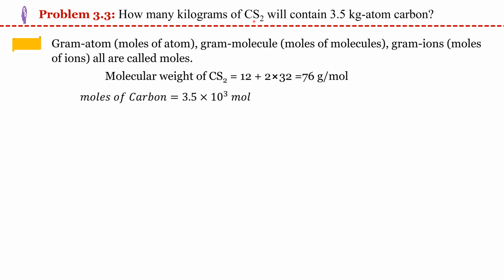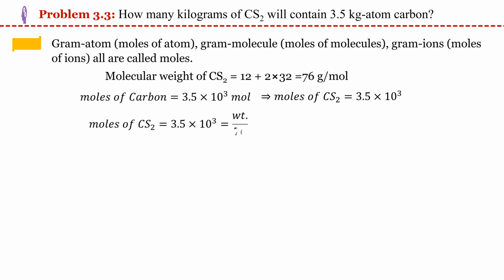Now 1 mole of CS2 will contain 1 mole of carbon, so the moles of CS2 will also be equal to 3.5 kilomoles. Now the number of moles is equal to weight divided by molecular weight, so here we have to use the molecular weight of CS2. Only then will we be able to convert the moles of CS2 to weight. So the weight will come out as 266 kg.